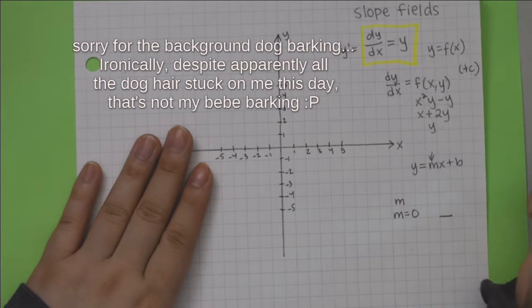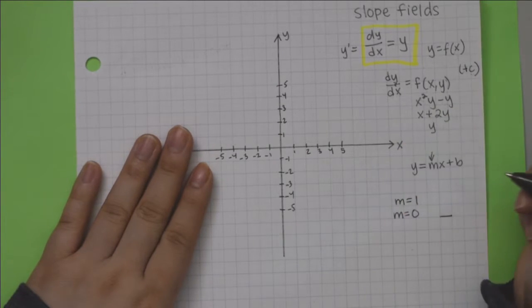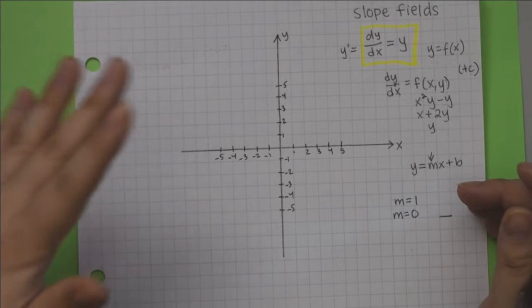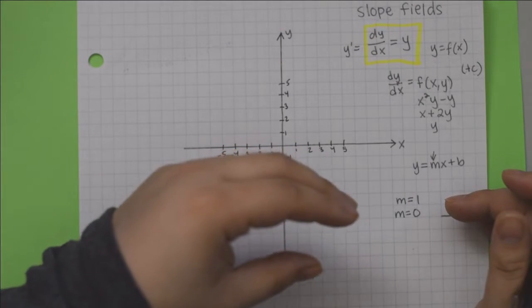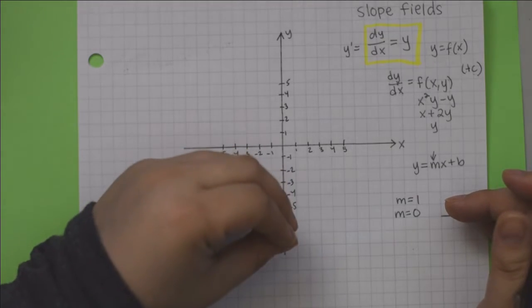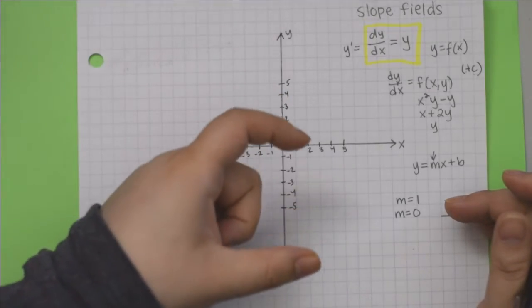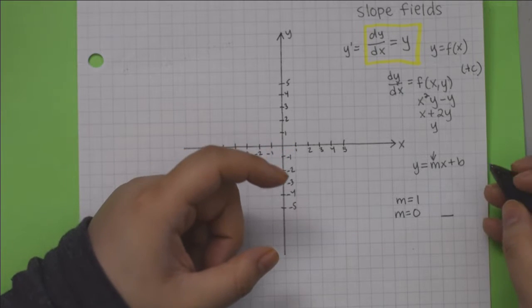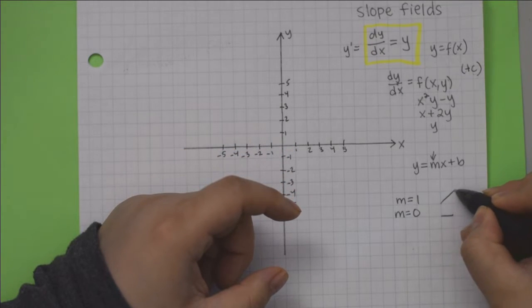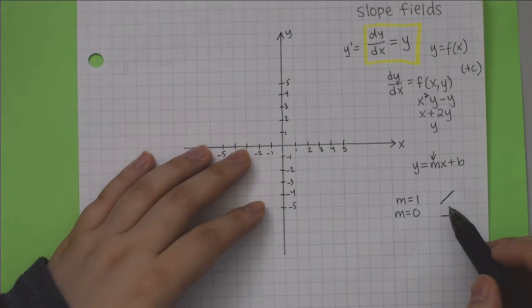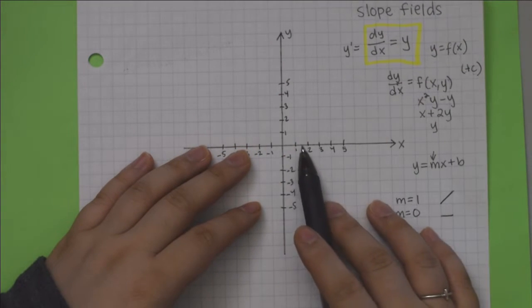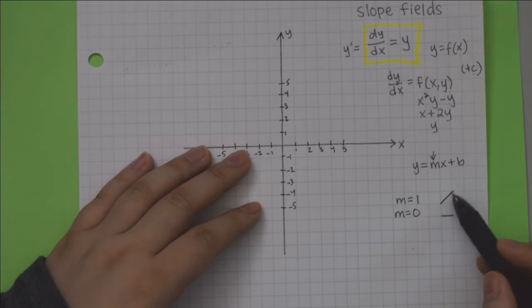If m, which is our slope, equals 1, the basic idea is if we move 1 unit to the right, so in x, if our x coordinate goes up by 1, our y will go up by 1 also. So it's going to actually be like a 45-degree angle, like that, okay? Assuming that each square here is 1, okay?